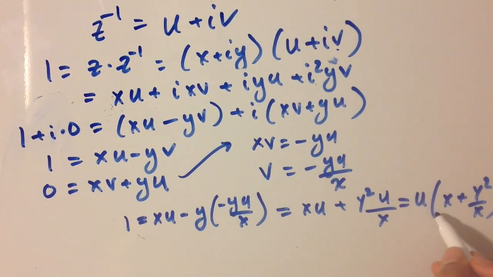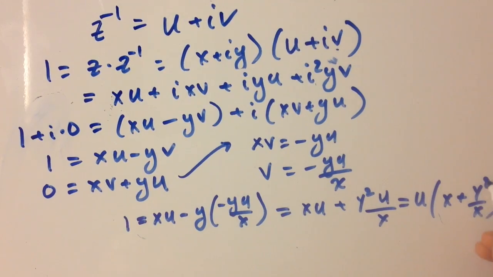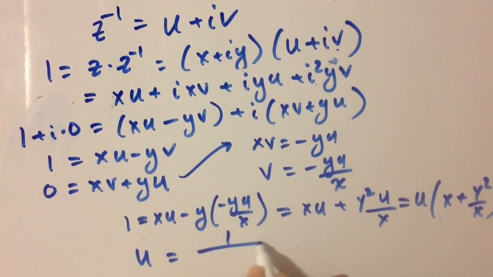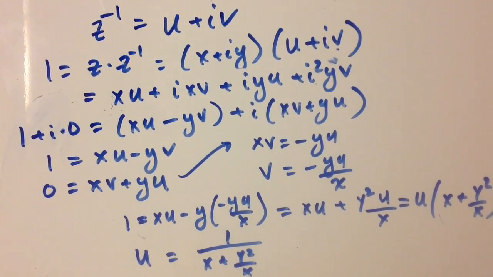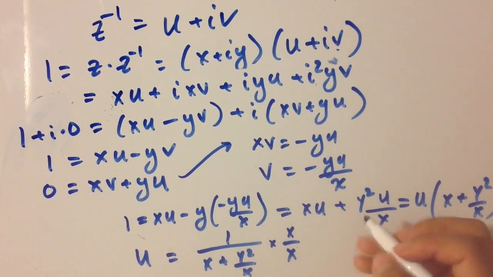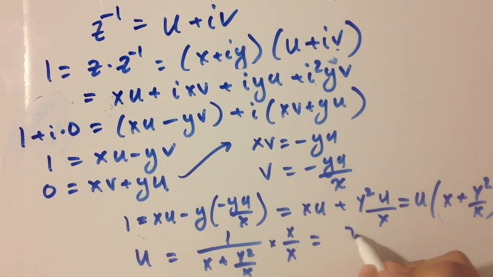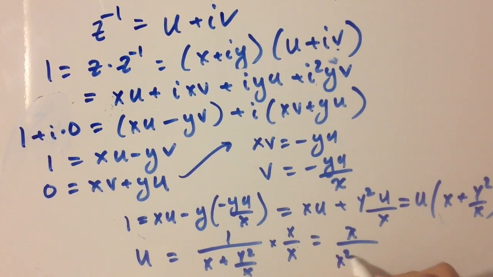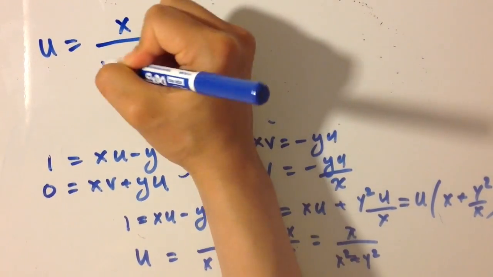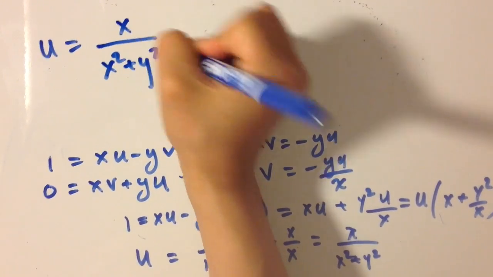So then dividing both sides by x plus y squared over x, we get that u is equal to 1 over (x plus y squared over x). Then multiplying by x over x, which is just 1, we get x over x squared plus y squared. So we found our u. So we have u is equal to x over x squared plus y squared.